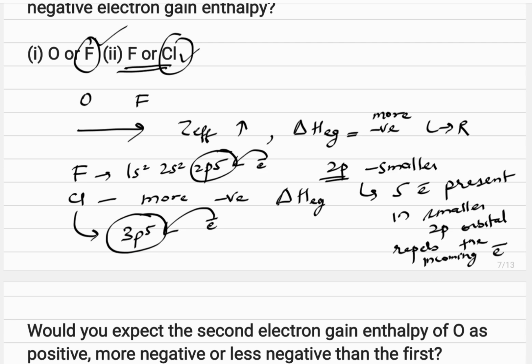Whereas in case of chlorine, the incoming electron does not face as much repulsion because there are 5 electrons present but in larger 3p orbitals. We know that as value of n increases, the size also increases. So 3p is definitely bigger than 2p.